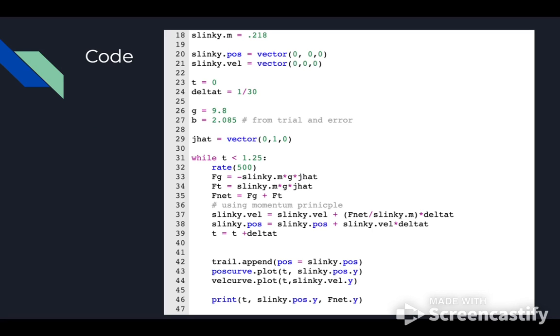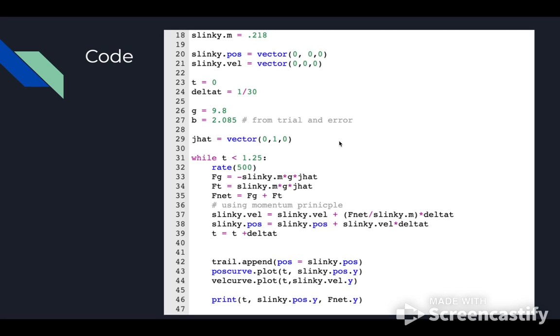So here's the code. As you see, I put the mass of the slinky in there, and then have the position and the velocity as 0, 0. And then you set up the time, and then the constants, we found b, which is the drag constant, from trial and error.